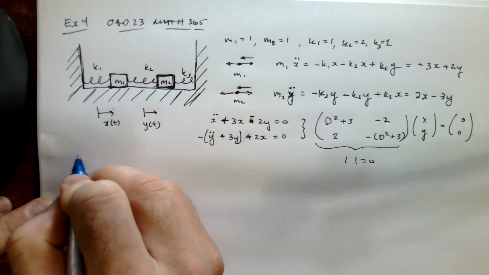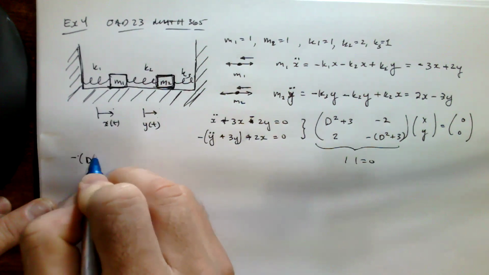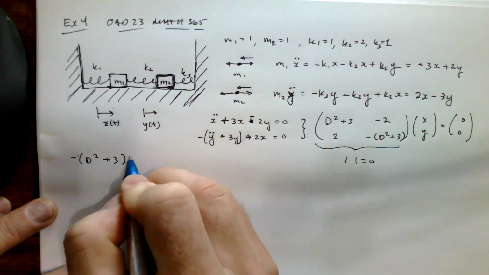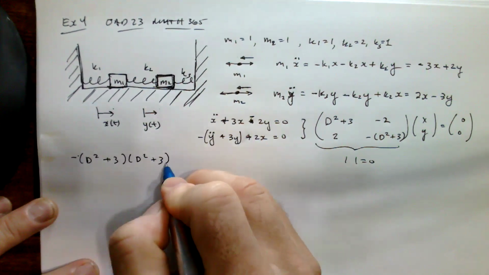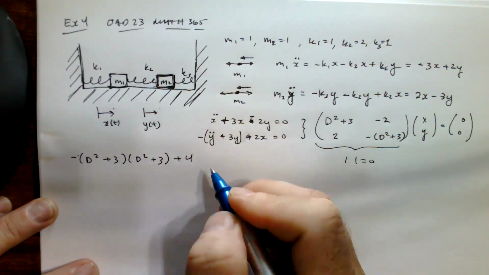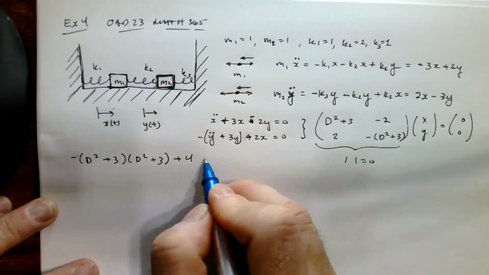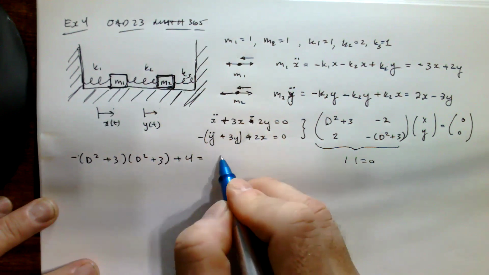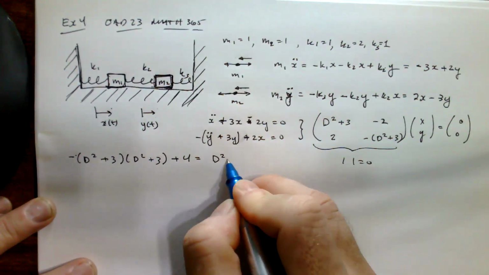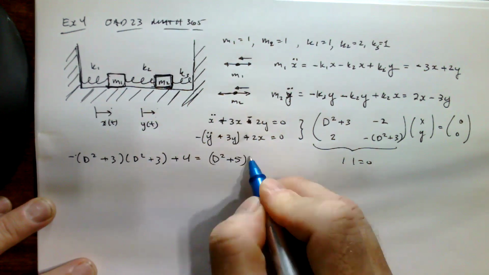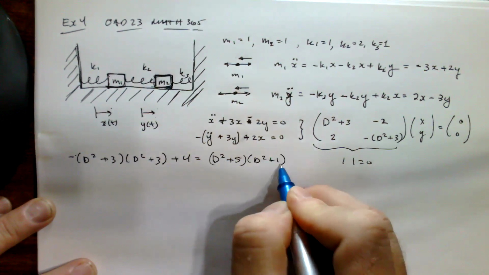So you get a negative D squared plus 3 and a D squared plus 3 plus 4. And if we plug in everything and multiply everything out, we get D squared plus 5 and D squared plus 1.